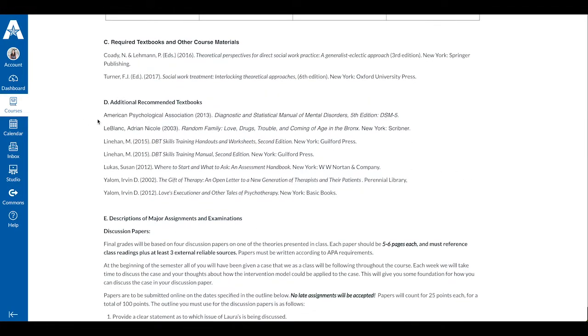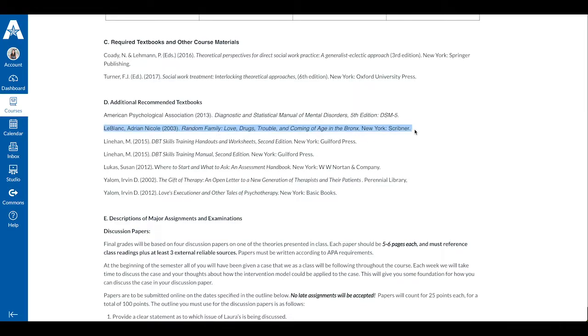Recommended texts. So the DSM-5. If you do not have it and you plan on moving forward in your social work career, I highly recommend just going ahead and getting the DSM-5. And you may be able to speak with your accountant, but you may be able to write that off as an educational expense since you're in school now. This book, Random Family, I read in grad school.